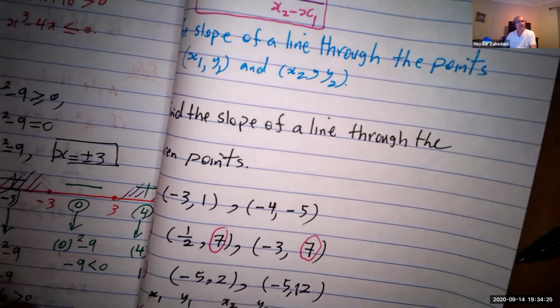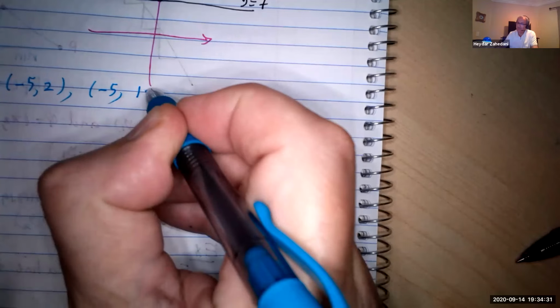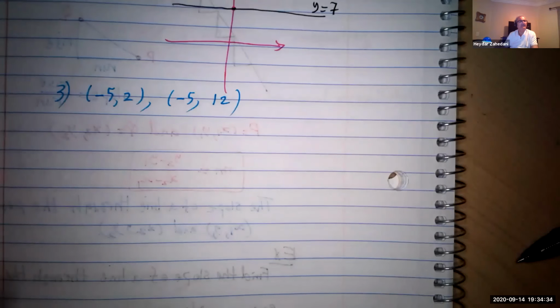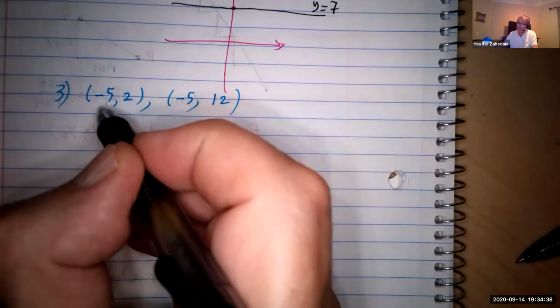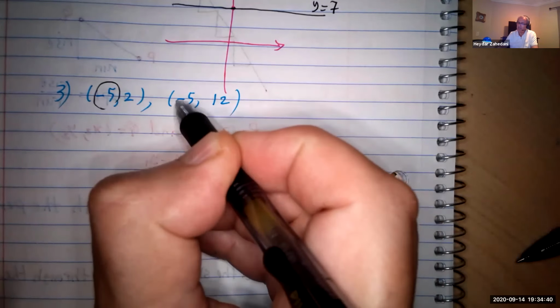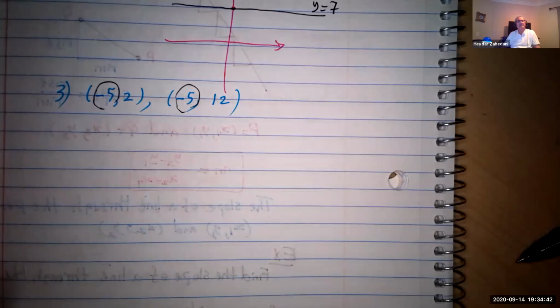Negative 5, 2, negative 5, and 12. You see in this case, the x coordinates are the same. X is negative 5 and x is negative 5. X equal to negative 5 is a vertical line.